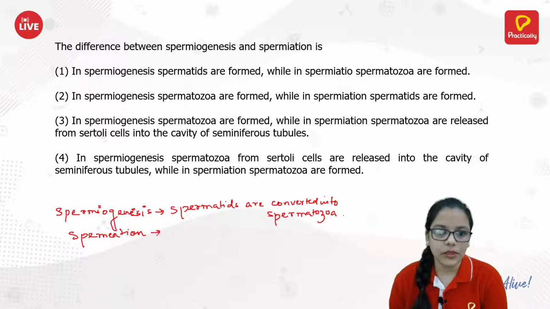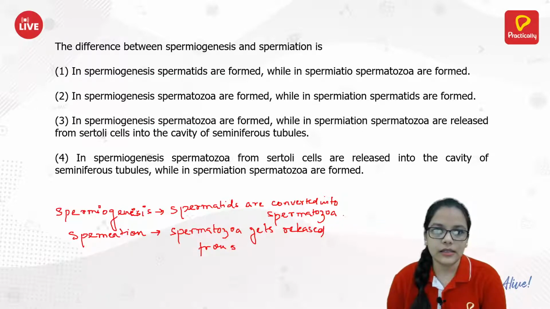In spermiation, the spermatozoa get released from Sertoli cells into the lumen or the cavity of the seminiferous tubules.